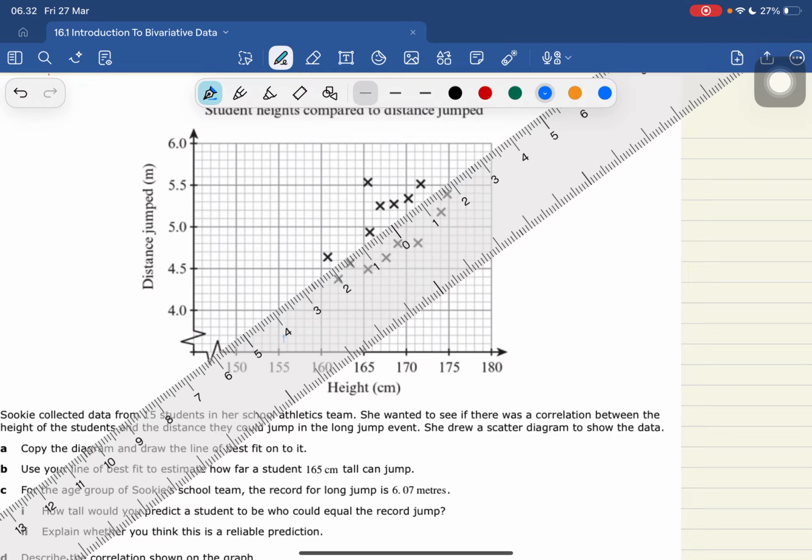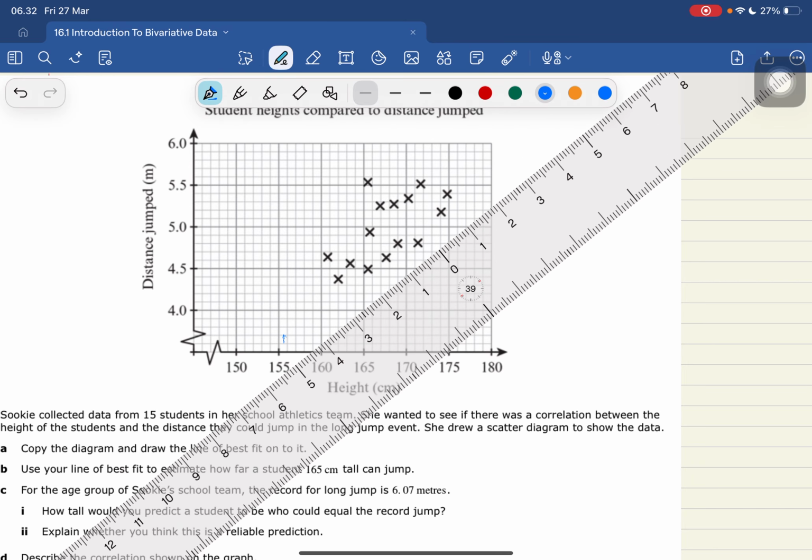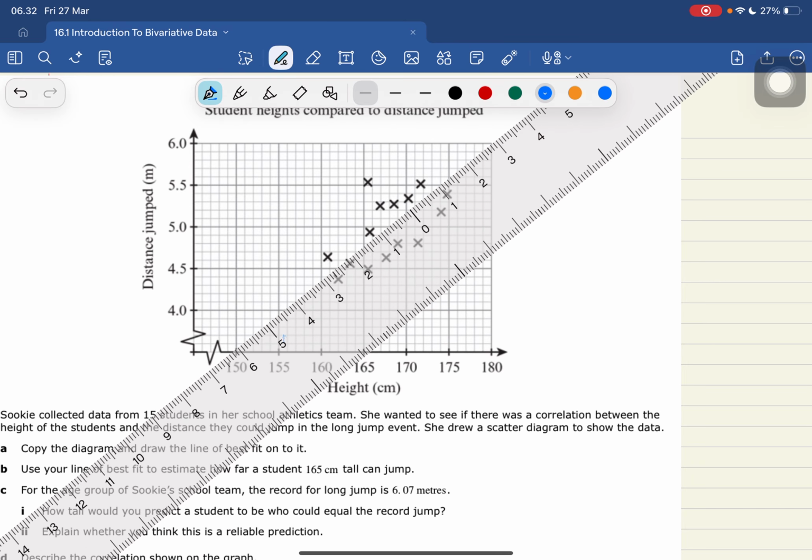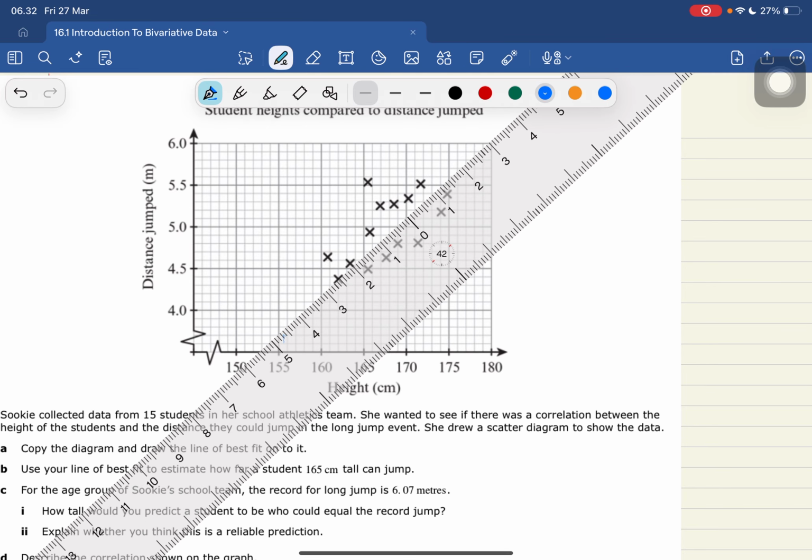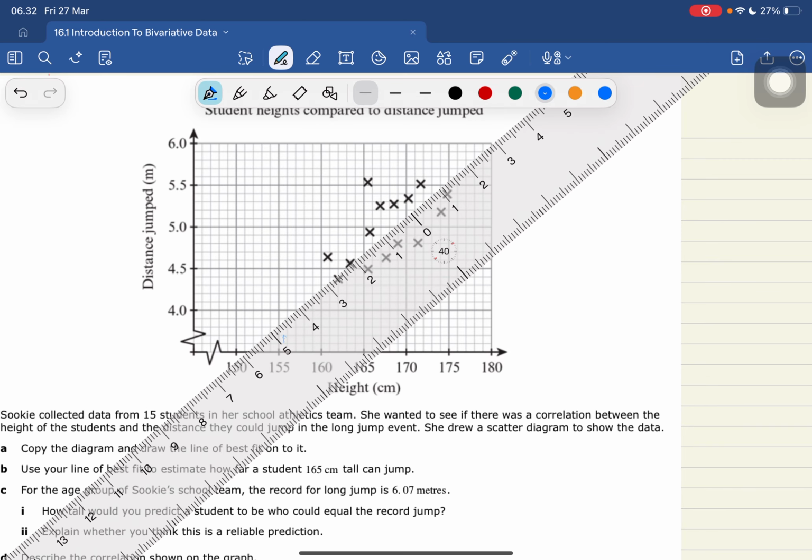Okay, here it is. Let's see how many are there. 1, 2, 3, 4, 5, 6, 7, 8. 1, 2, 3, 4, 5, 6. Okay, here you can draw it.